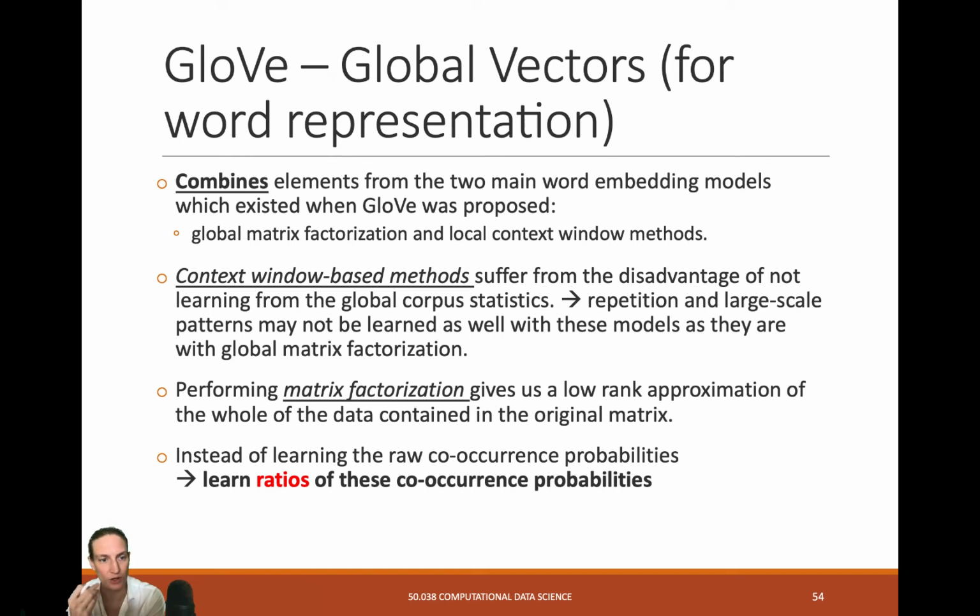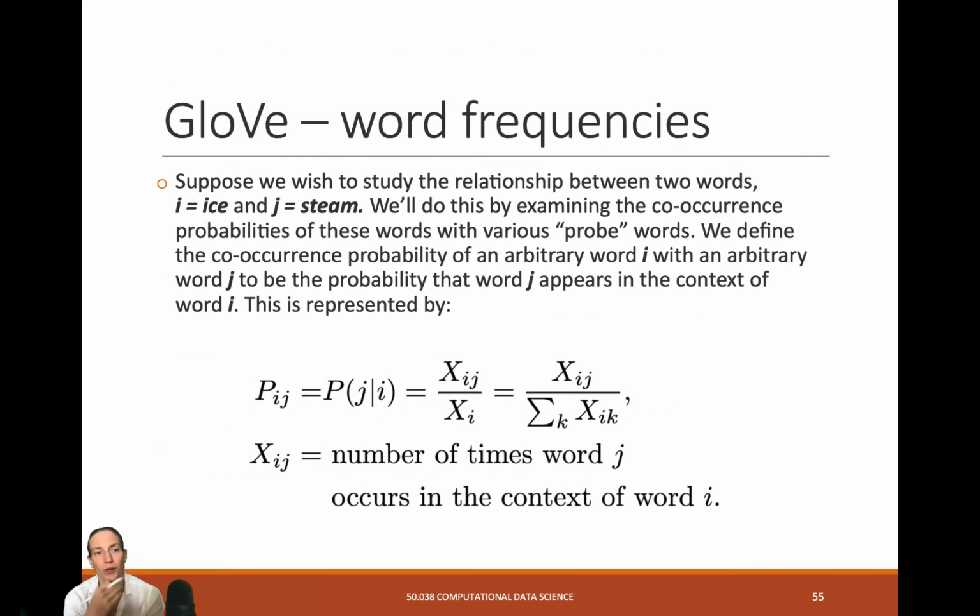Okay, so instead of learning the raw co-occurrence probabilities, GloVe actually focuses on learning the ratios of these co-occurrence probabilities. Now, how does that work and why is that important? So, suppose we want to study the relationship between two words which are ice and steam.